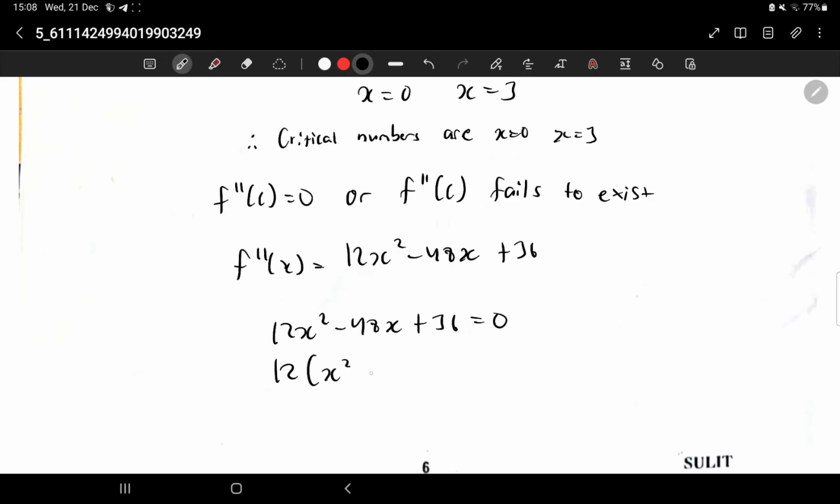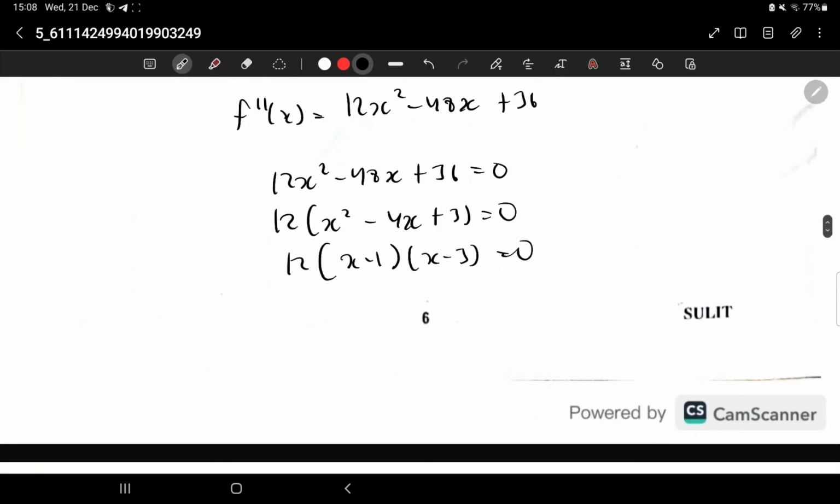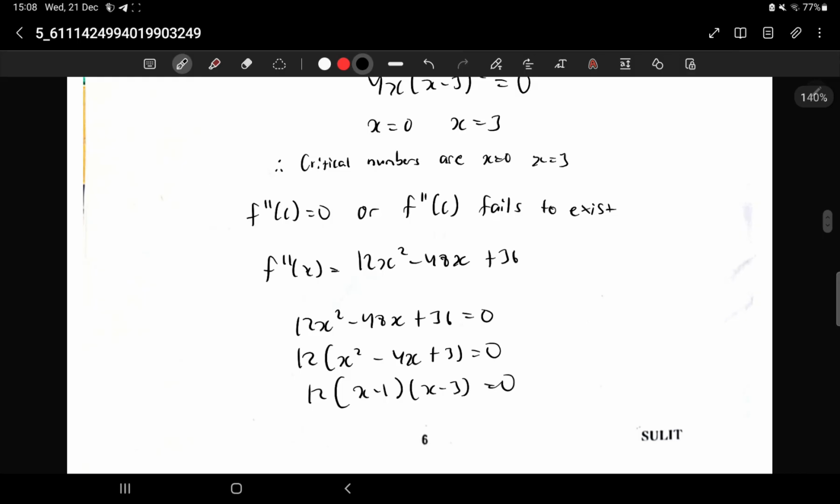So x minus 1, x minus 3 is equal to 0. So here are the inflection points, meaning the concavity changes.